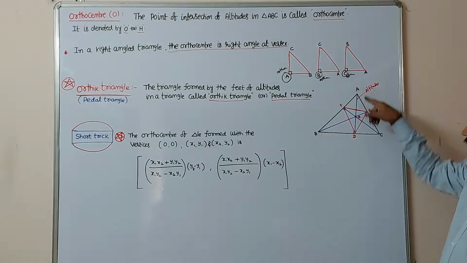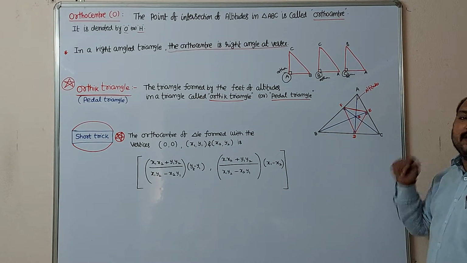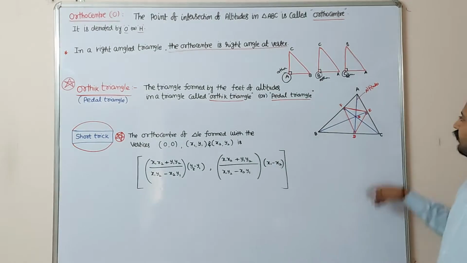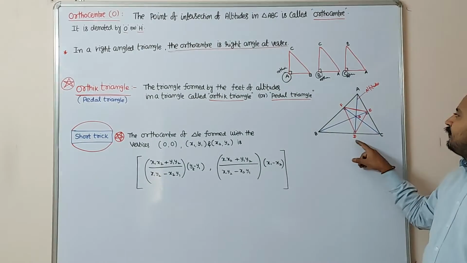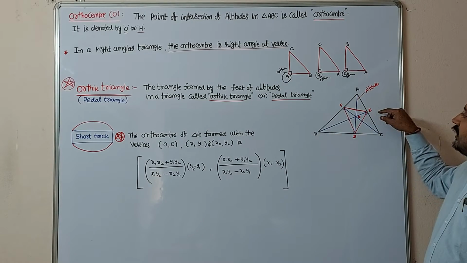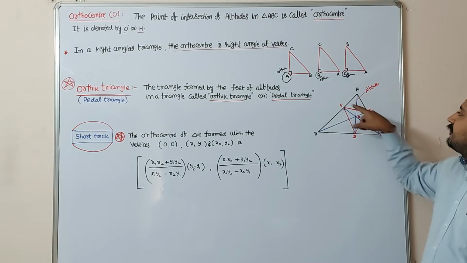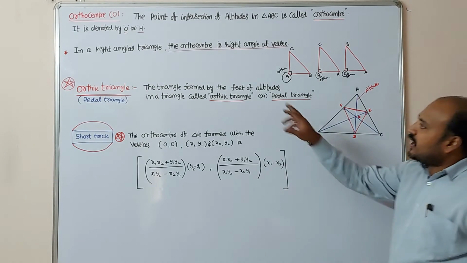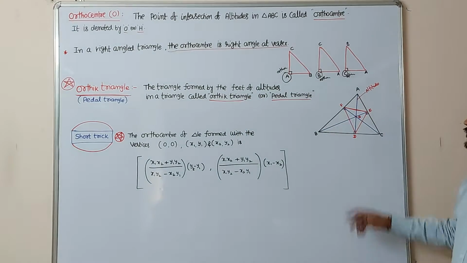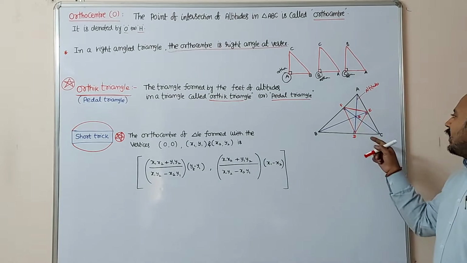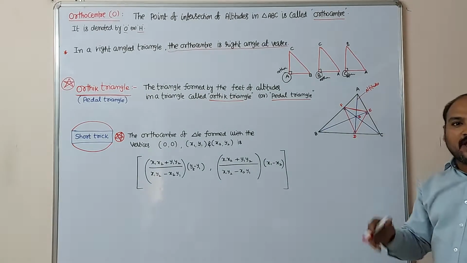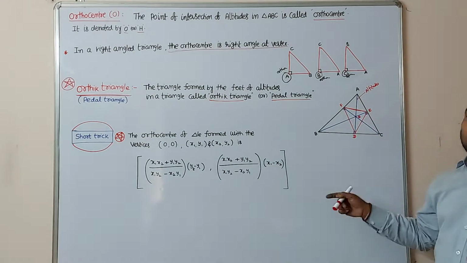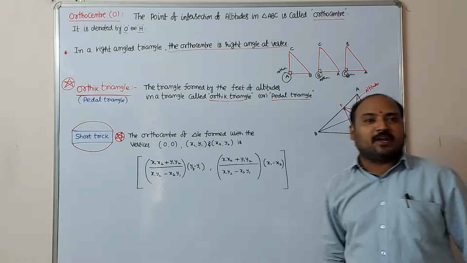AD is one altitude, BE is another altitude, and CF is the third altitude in the triangle. The foot of altitude is D here. And for BE and CF altitudes, E and F are the feet of altitude. So the triangle formed by the feet of altitudes, DEF, if you join these three points, you will get one triangle DEF. The triangle DEF is called pedal triangle or orthic triangle.